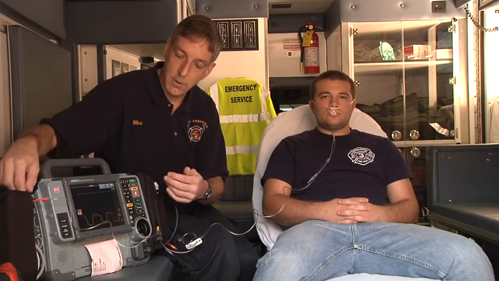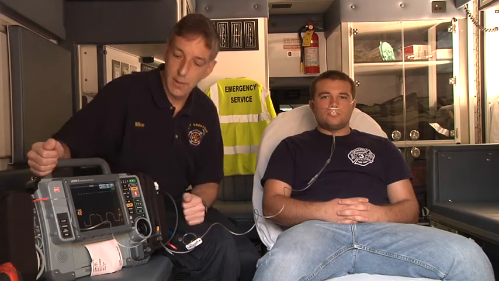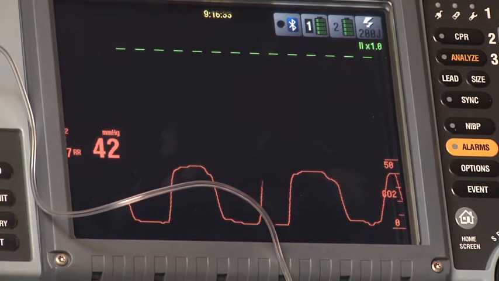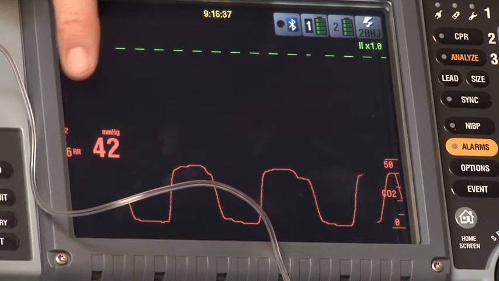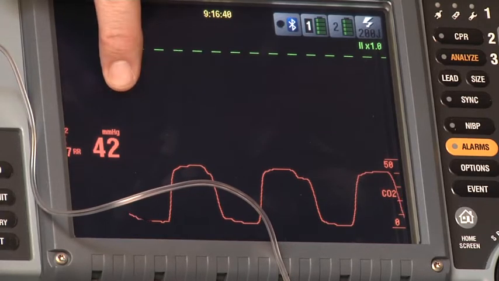And the other is the length of the waveform itself, which corresponds to the rate at which the patient is breathing. In this case, we see a rate displayed as 17 breaths per minute, and we see 42 for the end tidal carbon dioxide. And normal carbon dioxide range in a healthy patient spans between 35 and 45 millimeters of mercury.